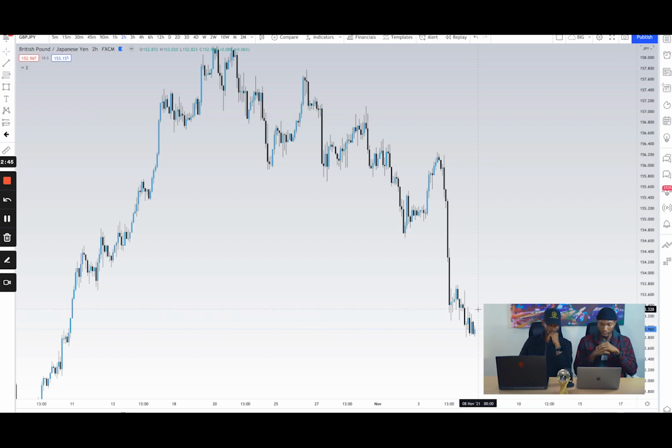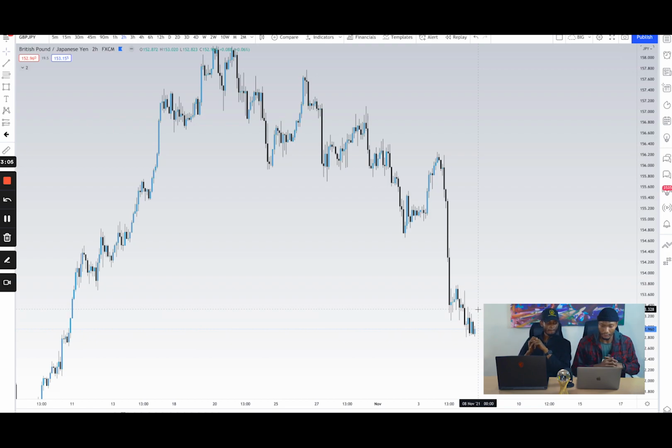So for the pound yen, I feel it's a massive bear move. Rather than trying to go down, we can see some corrections to some point, like I said, some orders to be filled, demand levels, big orders.